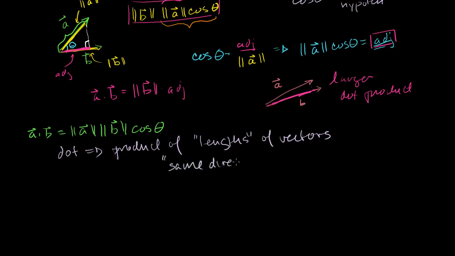Same direction, right? You could view this adjacent side here as the part of A that's going in the direction of B, right? That's the part of A that's going in the direction of B. So you're multiplying that times B itself. So that's what the dot product is. How much are two things going in the same direction?